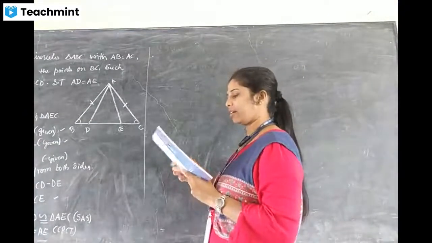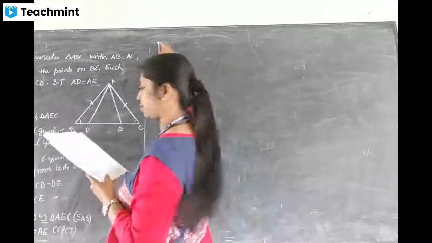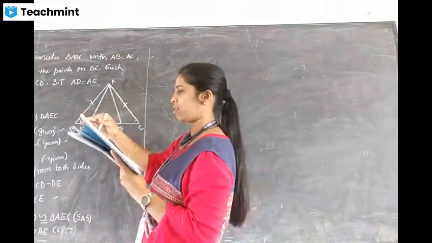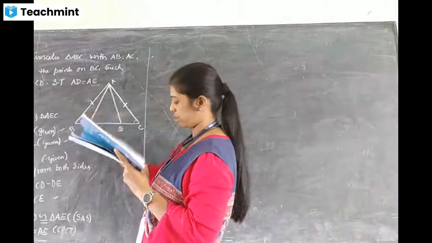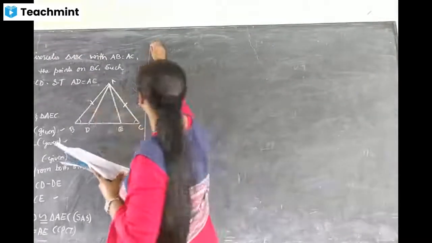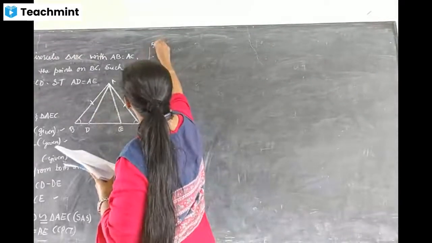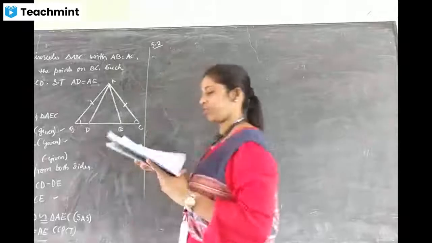ABC is a triangle. This is the question from exercise 5.2. A few questions I'll solve.